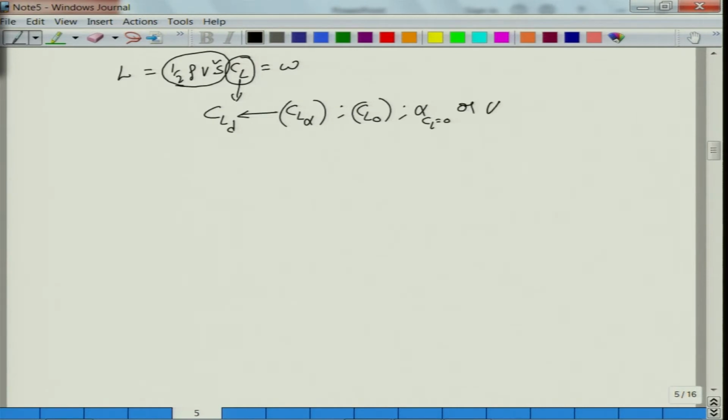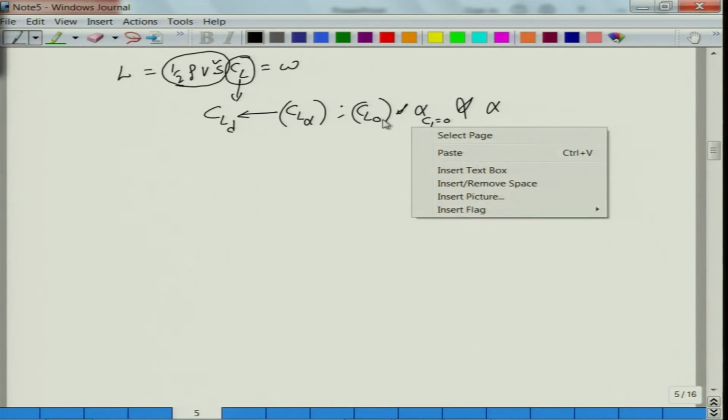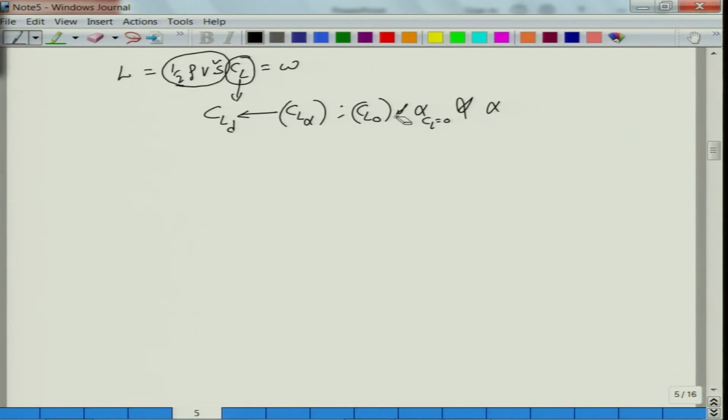Either this or this is sufficient: CL naught or alpha at which CL is equal to 0, and alpha design, which corresponds to CL design here.